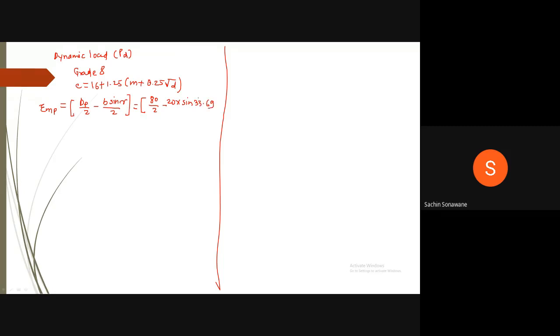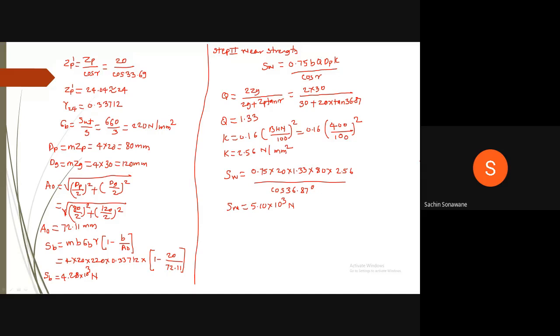What is the value of gamma? 33.69. Is it correct? What I have written here? Sorry, somewhat the value is wrong.